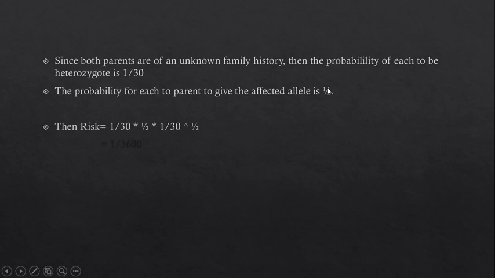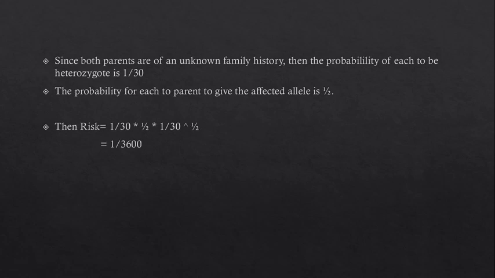So the risk in this case, remember, is the probability for the father to be hybrid, which is 1/30, times, in case he was hybrid, the probability to give the affected allele, which is 1/2, times the probability of the mother, since she is also of an unknown family history, so we use the same proportion, 1/30, times the probability to give the affected allele, which is 1/2.